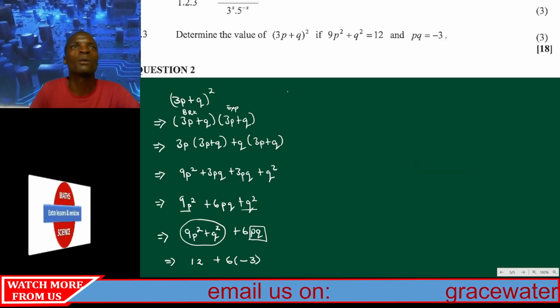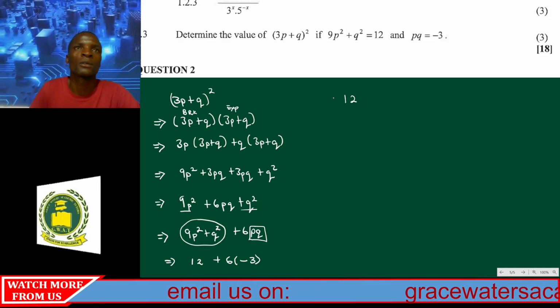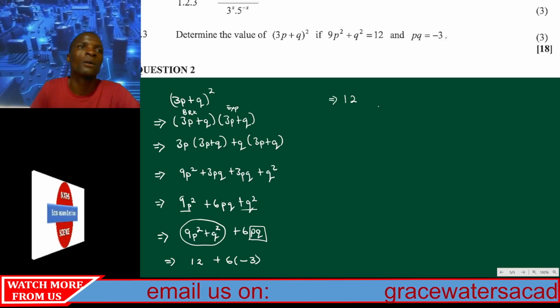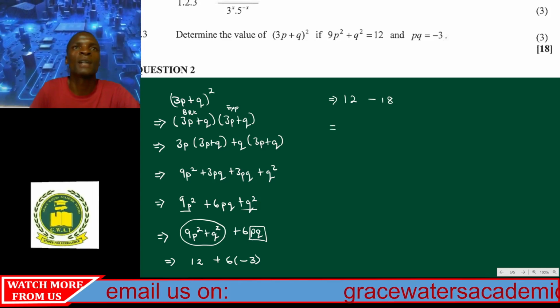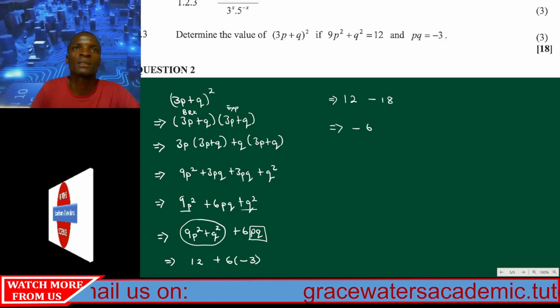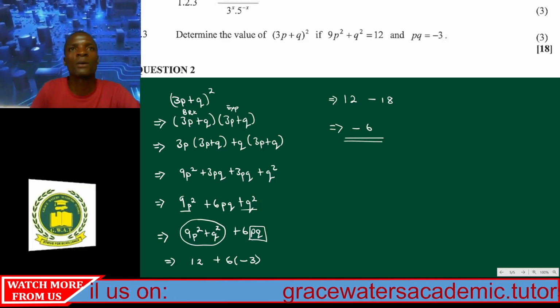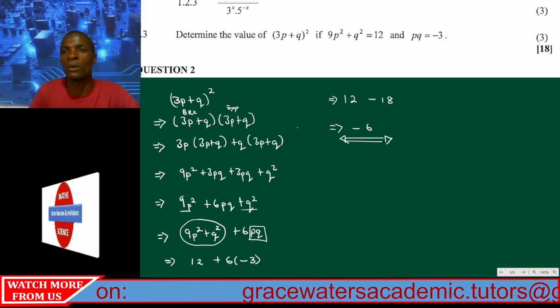Meaning we now have 12 minus 18, and the answer becomes minus 6. This is how we get to the answer and also collect all the 3 marks.